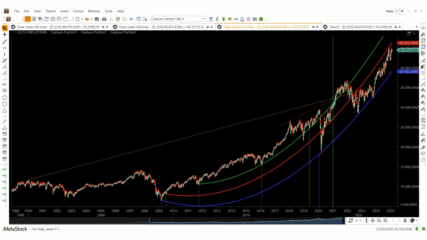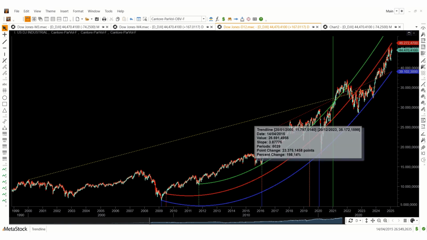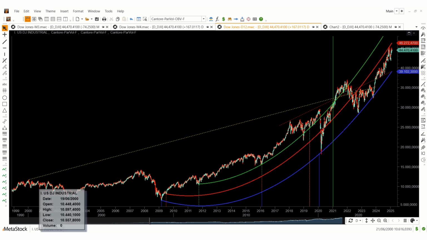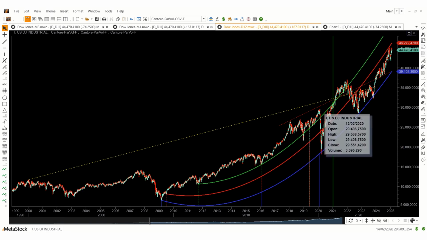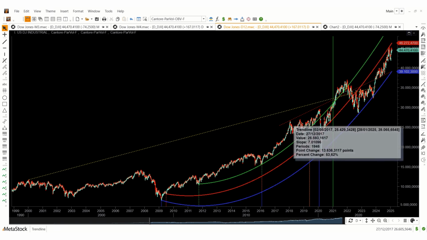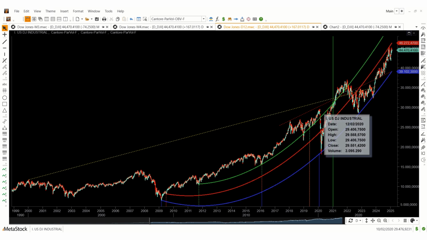With this metric scale, the yellow trend line, part of the centuries-old trend line, transiting the highs of 1899, 1929, and 2000, does not show up tangent on the pinnacles seen in the previous video, and which were formed in 2018 and 2020.